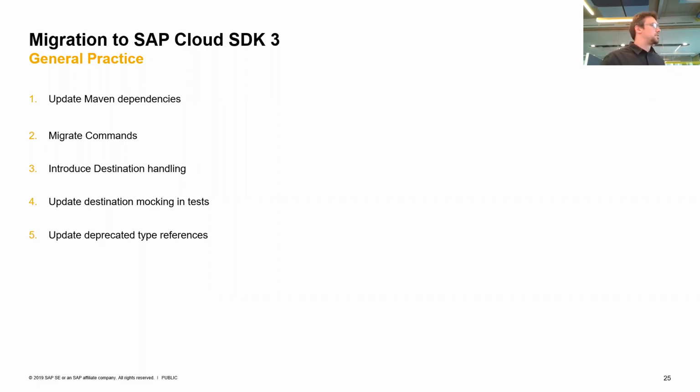The commands have been made obsolete, as Christoph has shown us, so we need to migrate those classes as well. And we will have the honor of introducing the destination handling, which was introduced with the new version and which needs to be done now for every application. And then let's see whether the tests and deprecated type references can be updated as well.